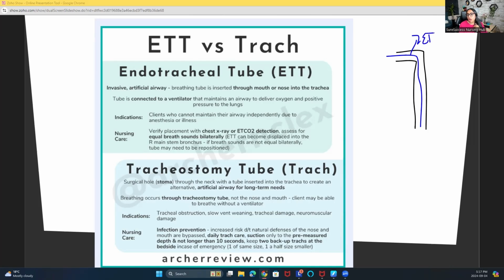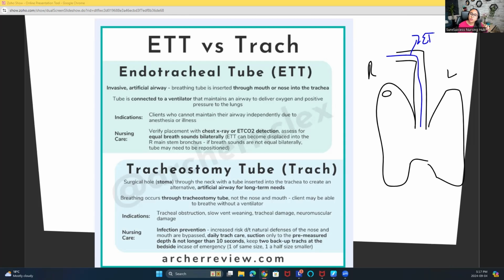For example, let's suppose that the respiratory therapist put in the endotracheal tube, and when you first auscultated, the breath sound is heard over the right side, but there is no breath sound in the left lung. What is it telling you?